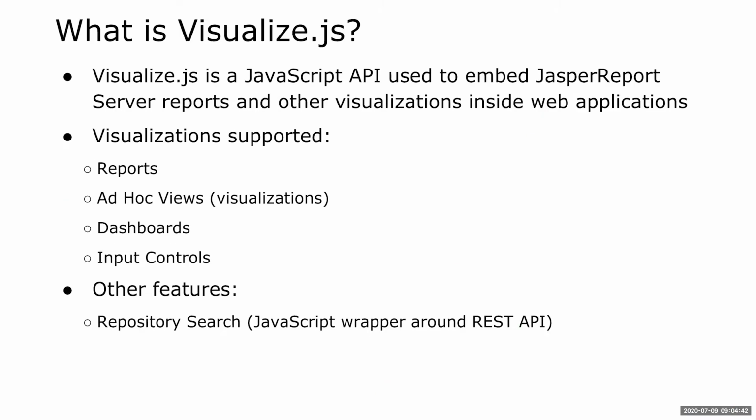Okay. So what's Visualize.js? Visualize.js is basically a JavaScript API which you can use to embed different visualizations from Jasper report server into your web application. There are different visualization types which we support in Visualize.js. We support reports, which can be any reports created in Jaspersoft Studio. We also support ad hoc views.